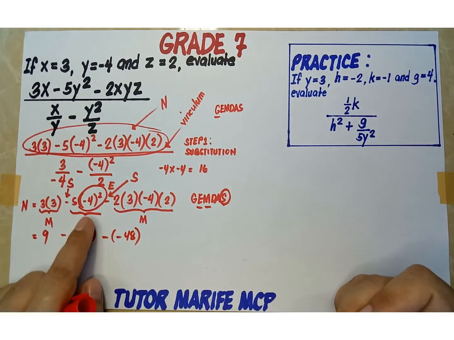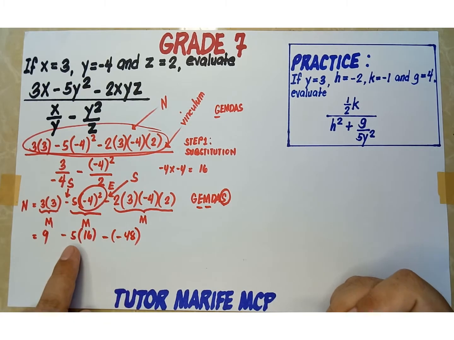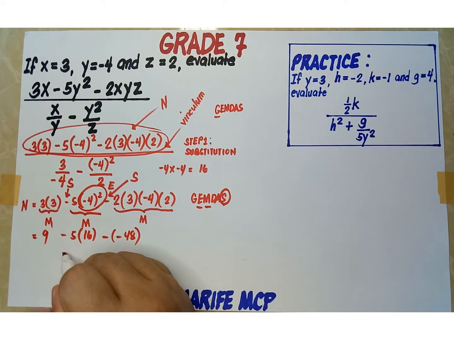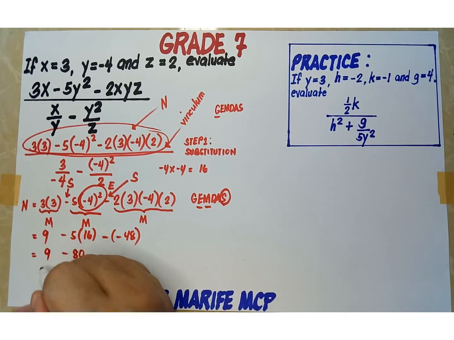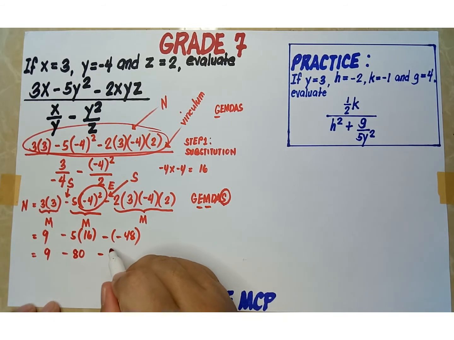Okay? So, after exponentiation sa second term, pwede ka nang mag-multiply. 5 times 16 is 80. 9, tapos ito, minus negative 48.